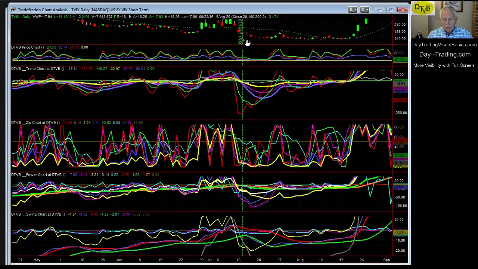Huge downturn, and classic. You know, the trend red and green are fast lines. So are several of the zip lines. And they're all trying to go back up into a state of equilibrium, because the equilibrium has just been kicked out of balance. And so they react by trying to get back into balance, but the price continues to go down.